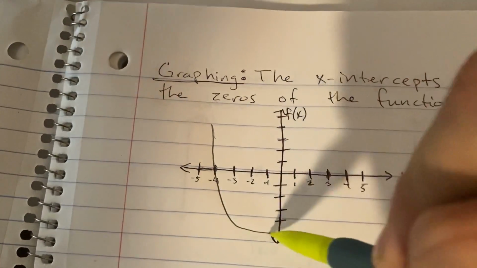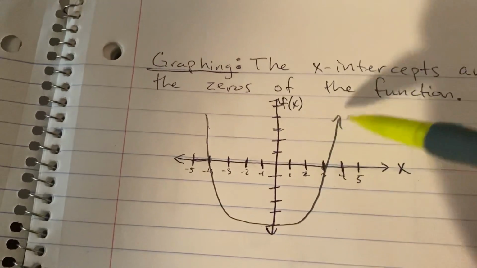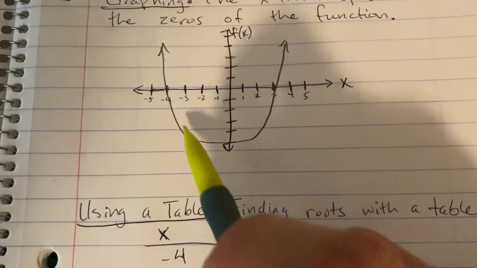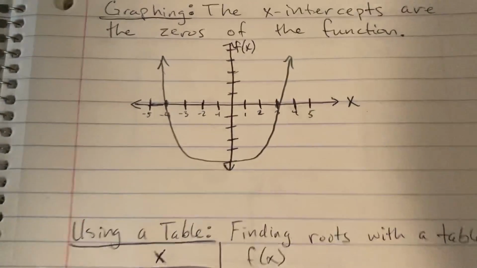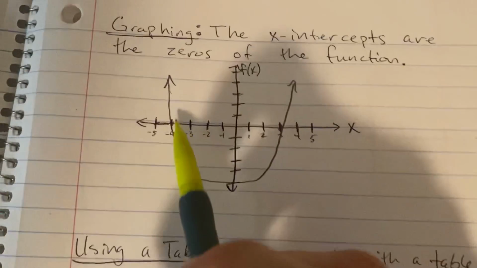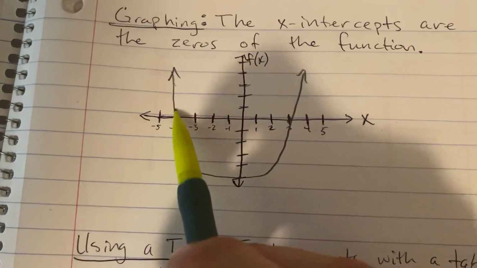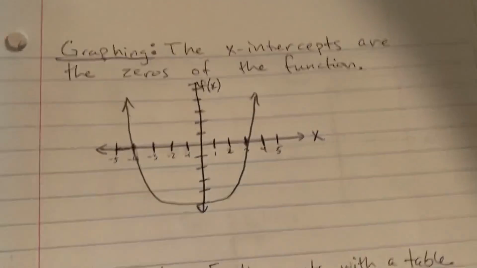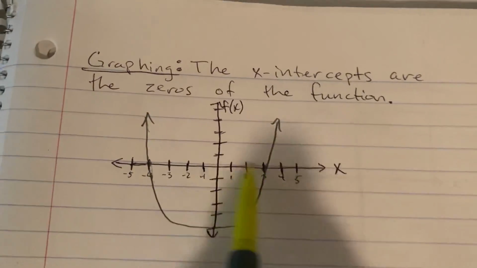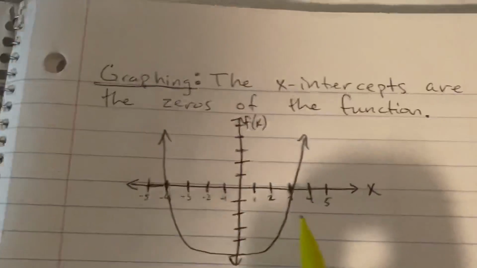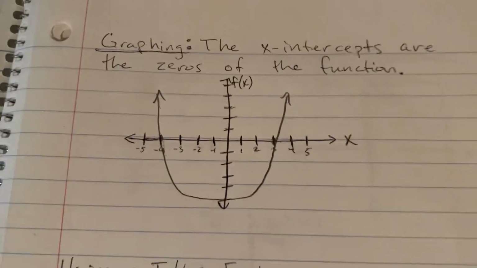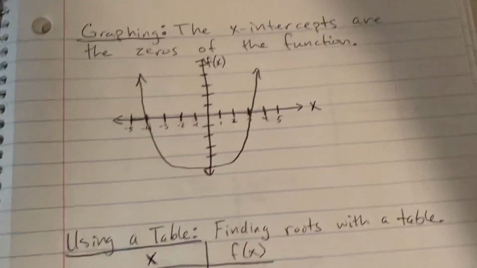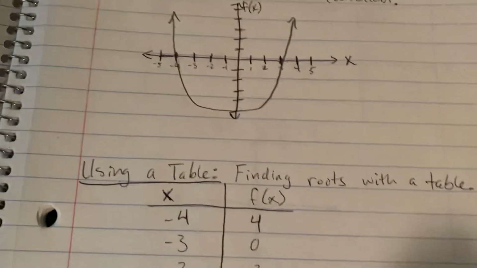The graph for this would look something like that. I'm sorry I did not draw that very well. It would probably come down here a little deeper, but for the sake of space, we're drawing it so that it goes through negative 4 and 3. As you can see from this, it crosses over the x-axis at negative 4 and 3. That's where the function is equal to 0.